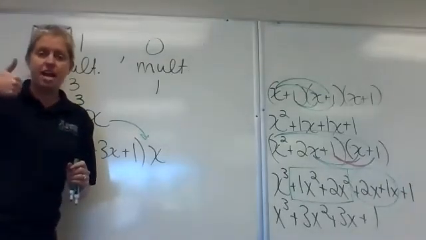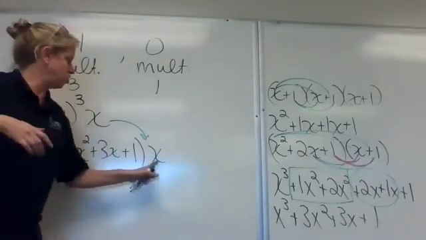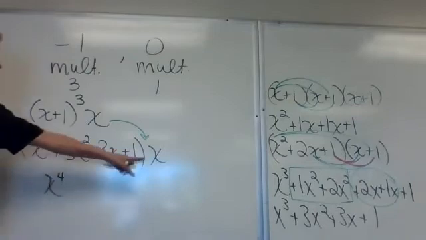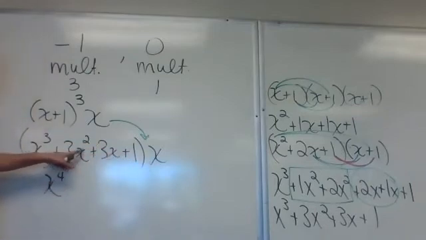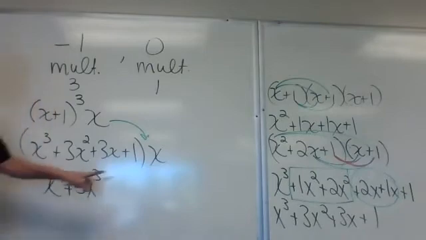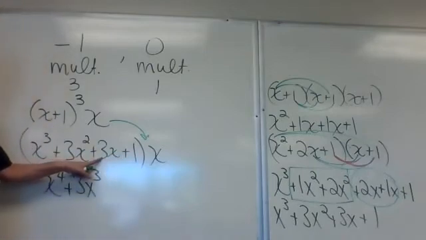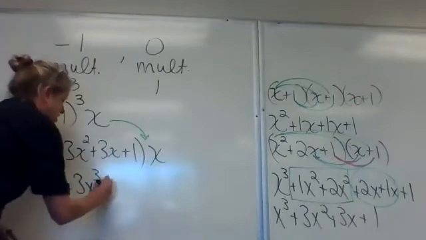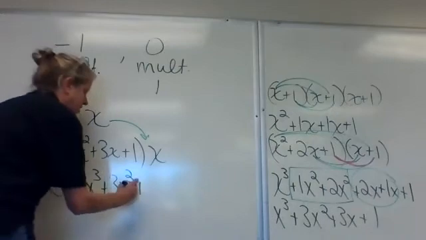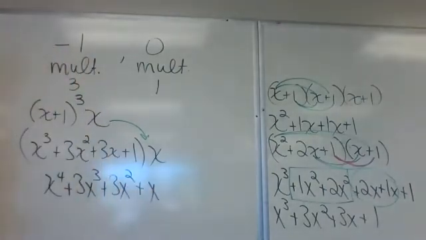It's just going to bump it up an x, right? So if I distribute this x to the x^3, I'm going to have x^4. If I distribute this x to 3x^2, now I've got 3x^3. If I distribute this x to this 3x, now I've got 3x^2, and x times 1 is x.